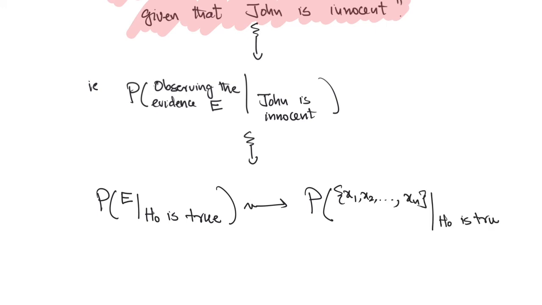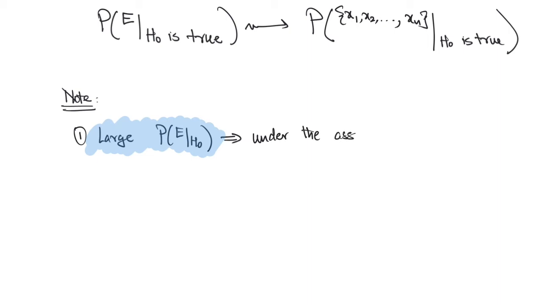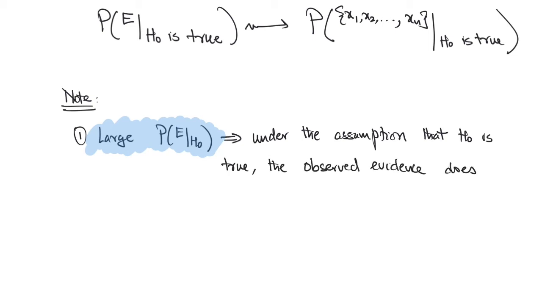And if the probability of the evidence given John is innocent is large, it means that under the assumption that John is innocent, the observed evidence does not seem out of place.